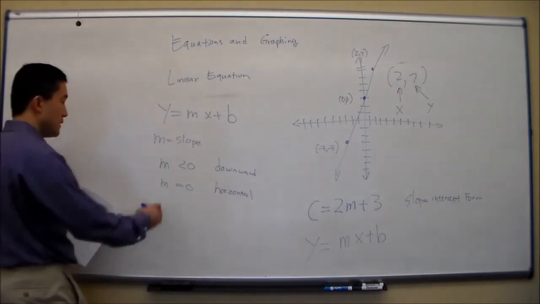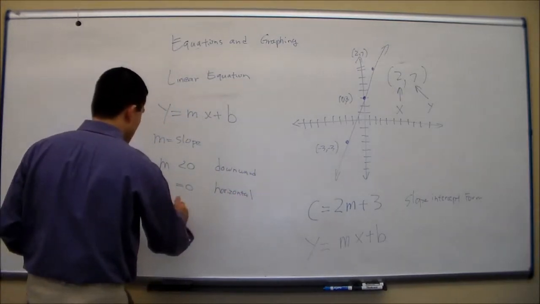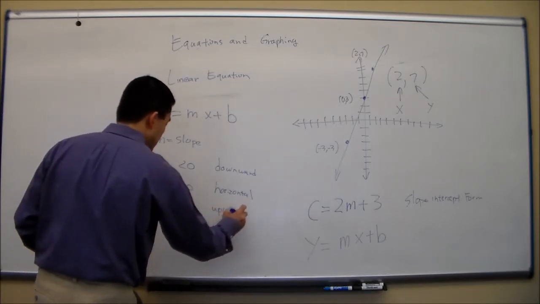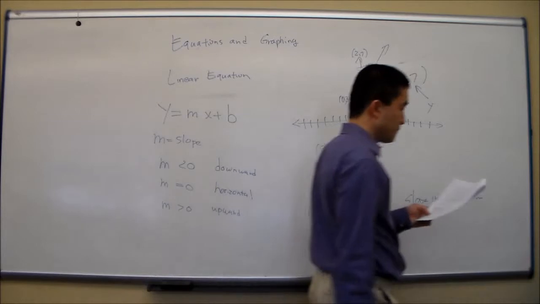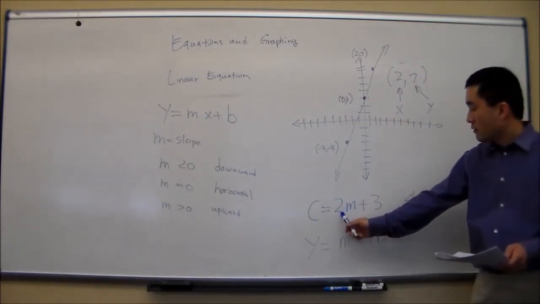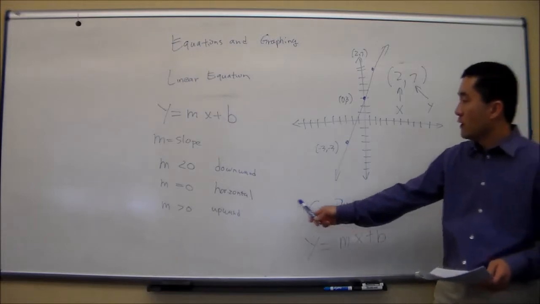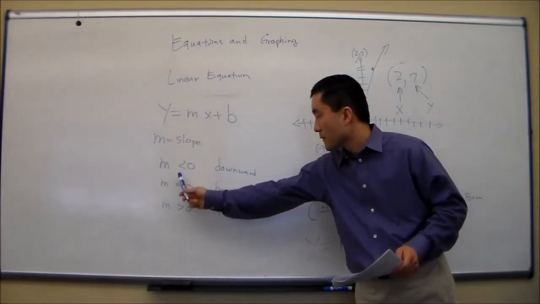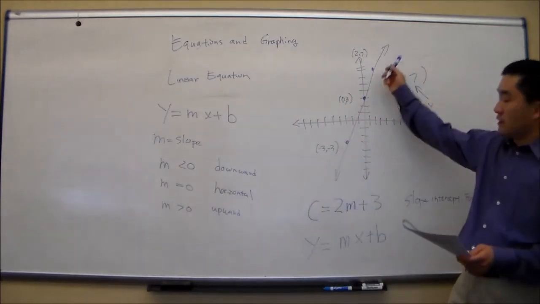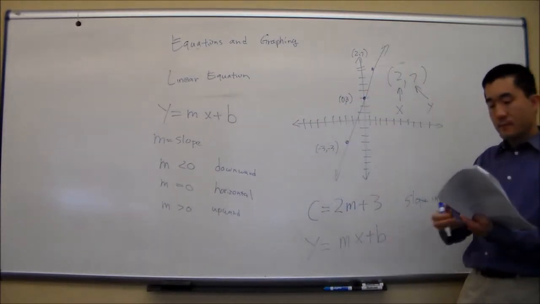And if m is greater than 0, that means it's upward. For example, here the 2 represents the slope, and it's greater than 0, so that means it's upward as you see here.